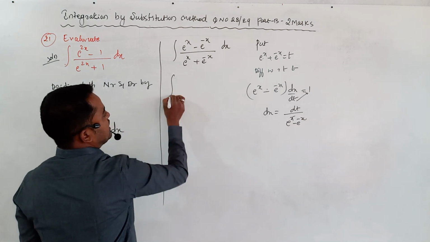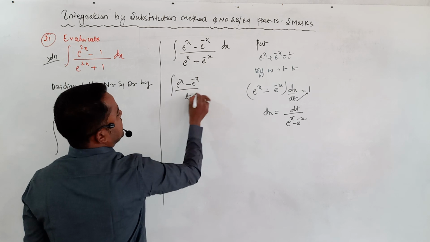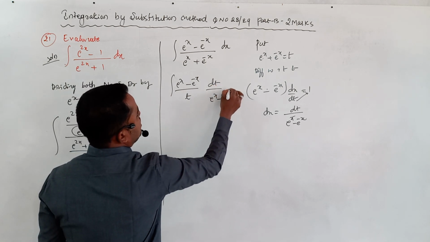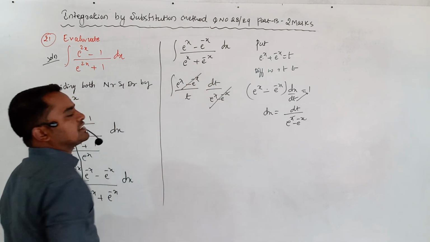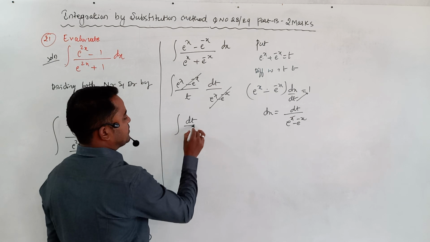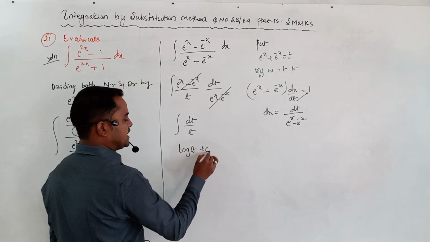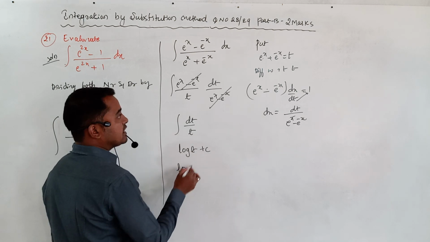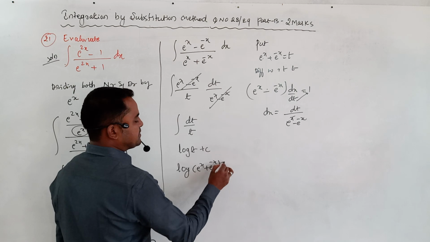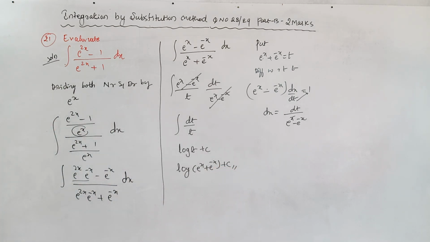Now come to here: (e^x - e^(-x)) divided by t, dt divided by (e^x - e^(-x)). Cancel. Now integration of dt by t is nothing but log t plus c. What is the value of t? e^x + e^(-x). So log (e^x + e^(-x)) plus c is the final answer.